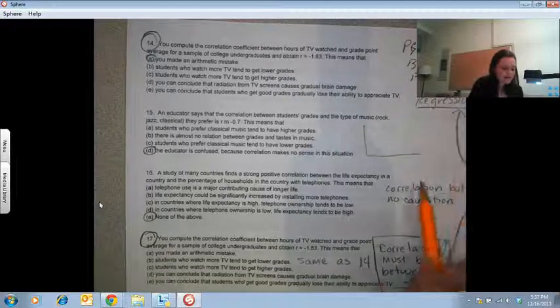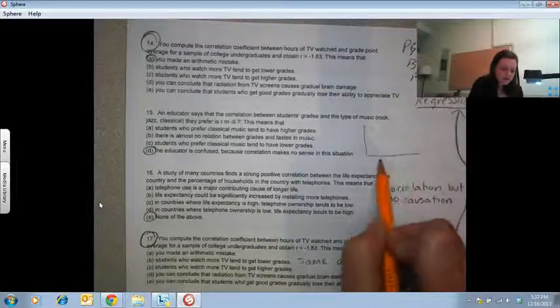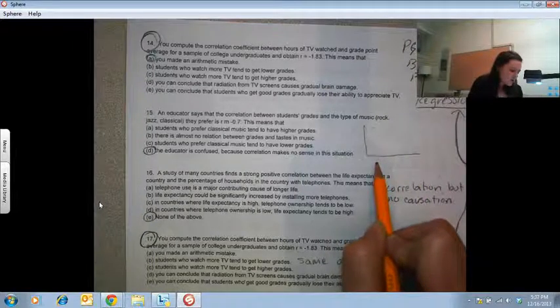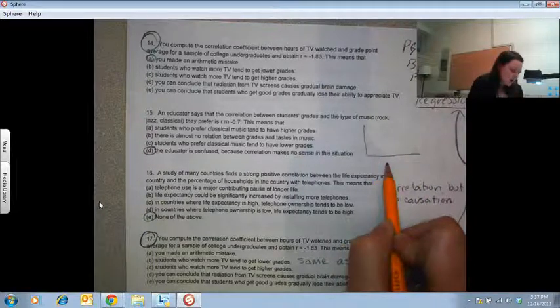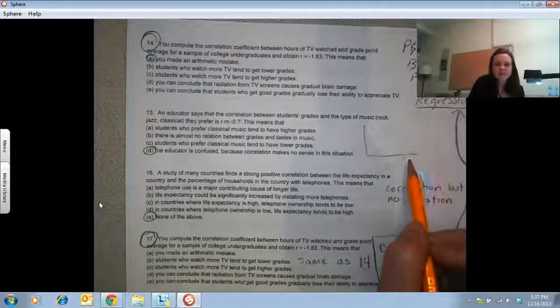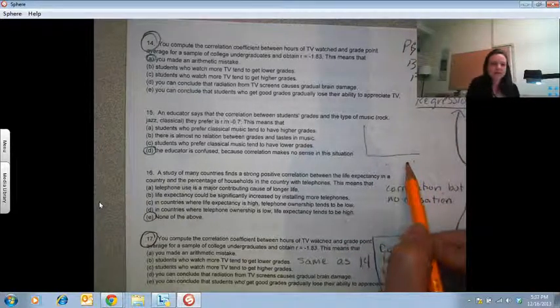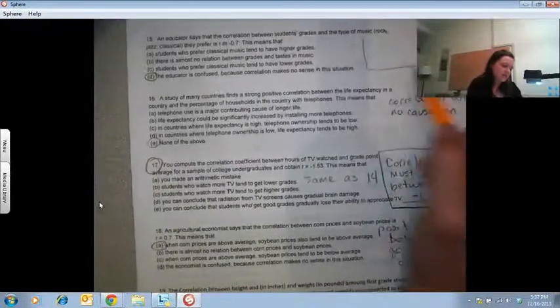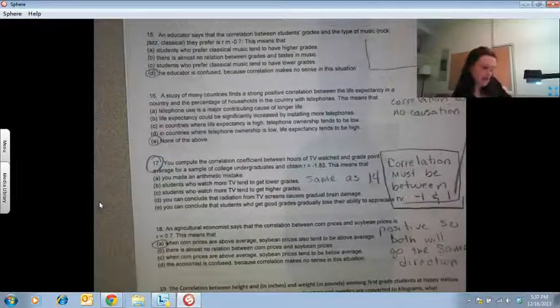And even if you tried to, by putting them here, 1, 2, 3, if you put them backwards, instead of jazz, rock, classical, if you put classical, rock, jazz, the correlation would be different. So I don't know how they got that.